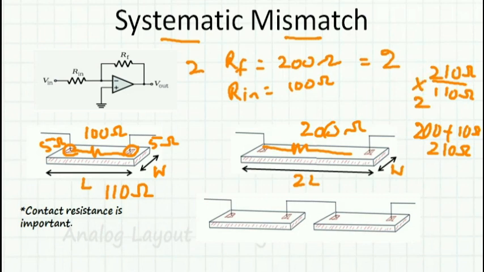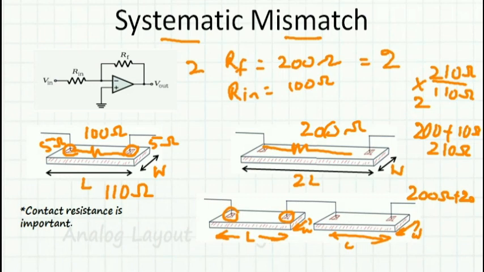Now I'll change the way I do the layout of this. I use two segments, each having length L and width W, and then connect them in series as shown. Now each one has two contact resistors, so the total resistance is now 200 ohms plus 20 ohms.